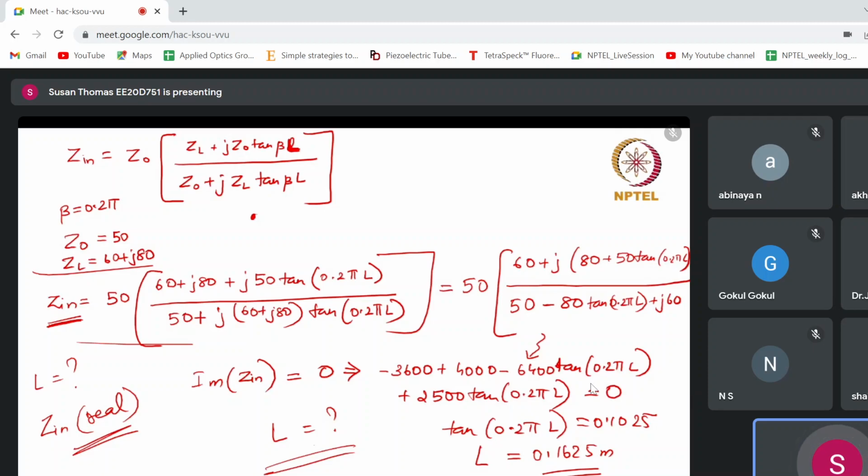Please try this out. After simplifying it, you must be getting this answer. Final answer for the length is 16.25 centimeters. It's a bit of calculations that are required. You need patience to do the simplification, but you can definitely get the answer.